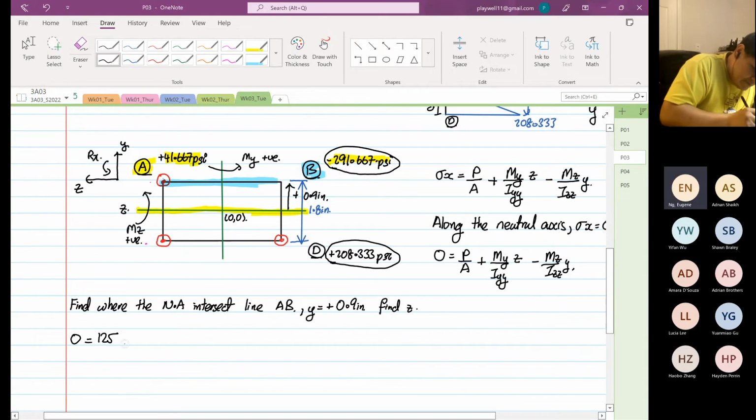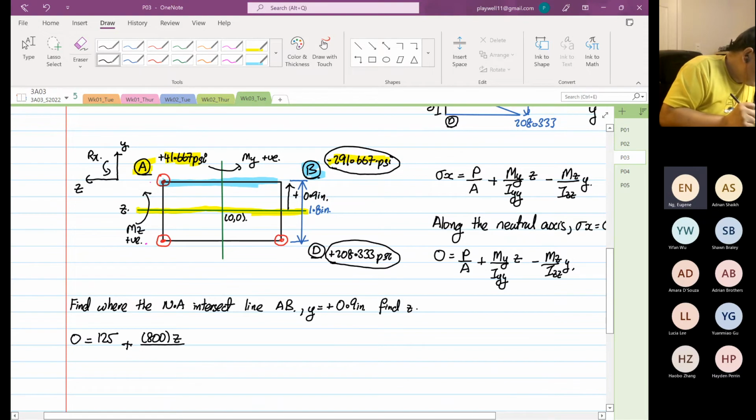And plus, now moment about y is 800 multiplied by z, which is what we want to find, and then divide by Iyy.